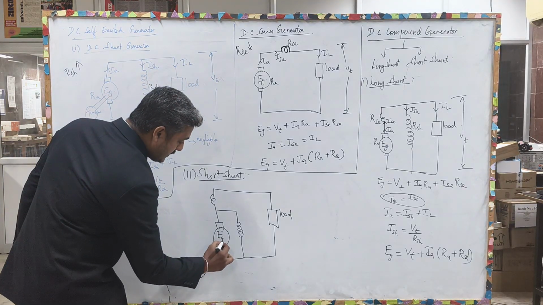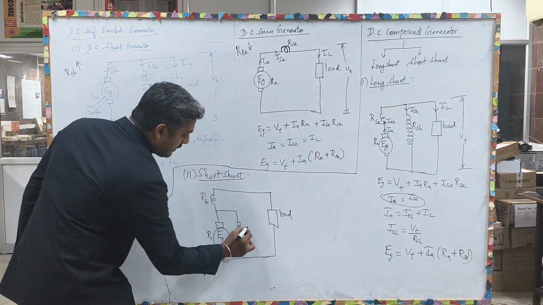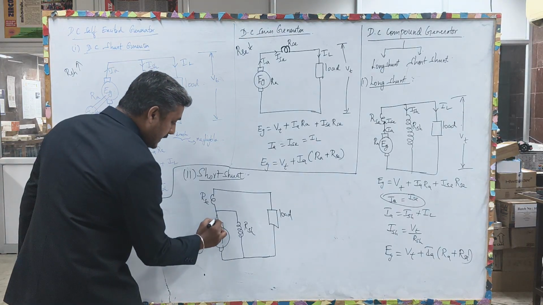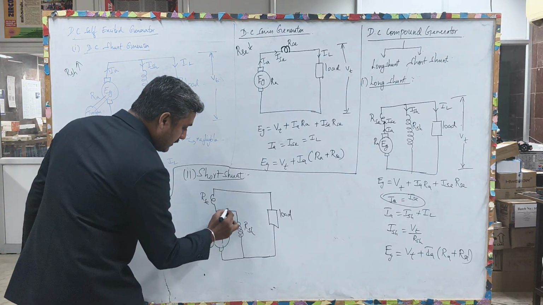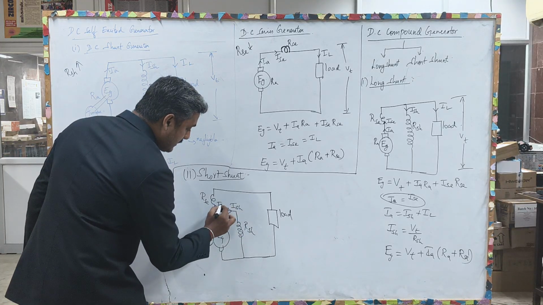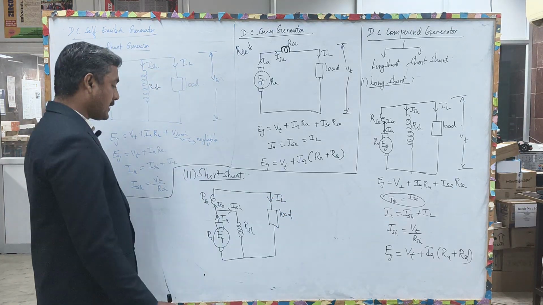That is Eg, Ra, Rse, Rsh, and if you are going to write the current directions: Ia, Ish, Ise, IL. Okay.